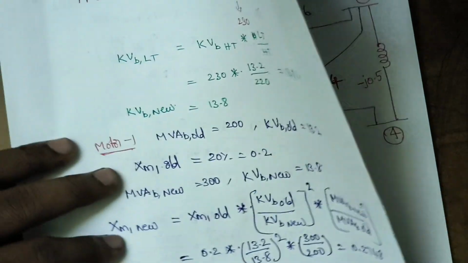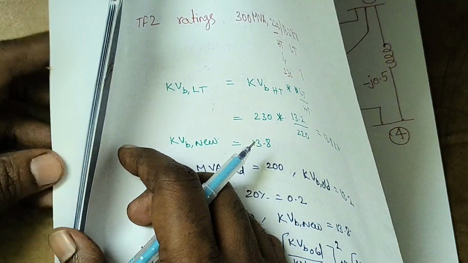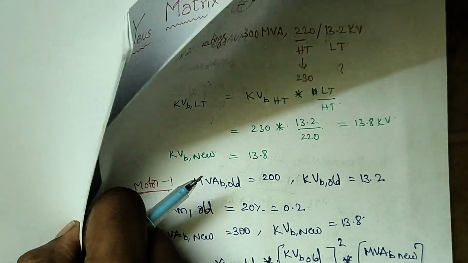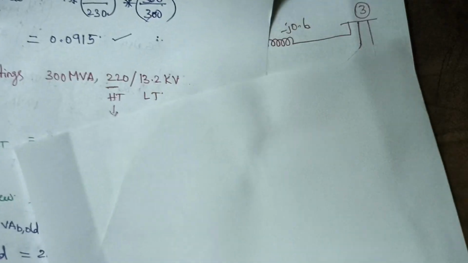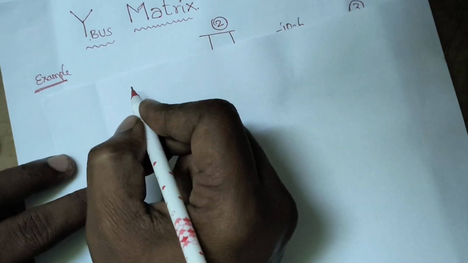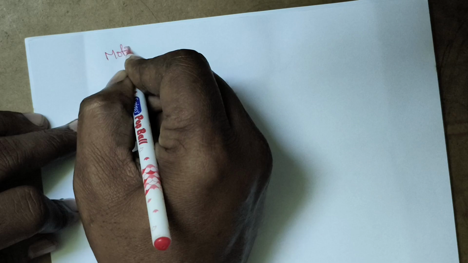Next I will find for motor 2. How do I find it for motor 2? I already know. For motor 2 also, the new values are the same as motor 1.